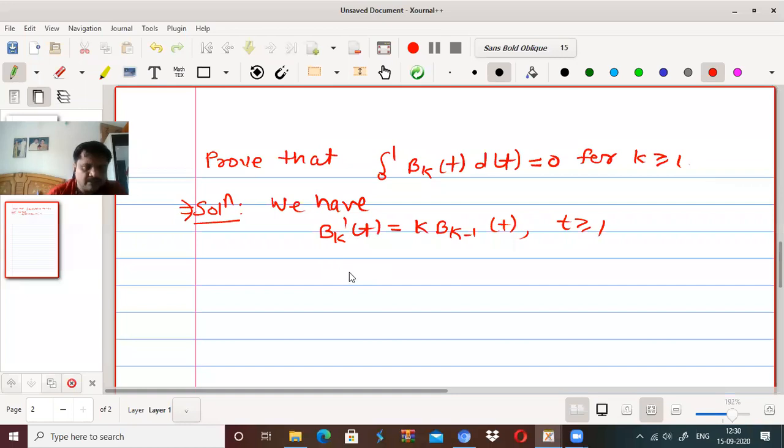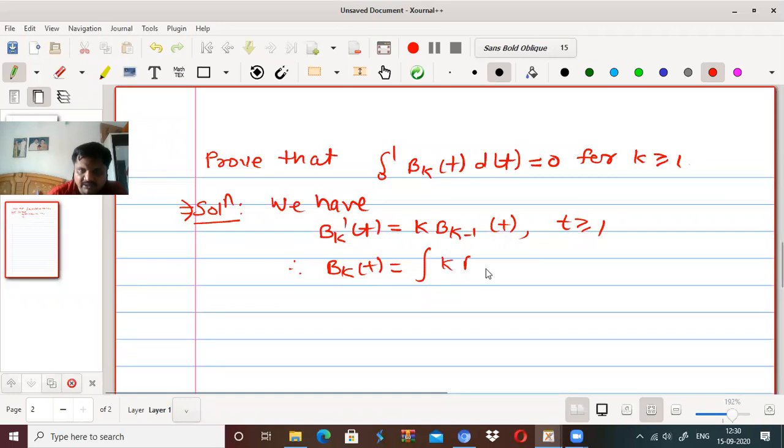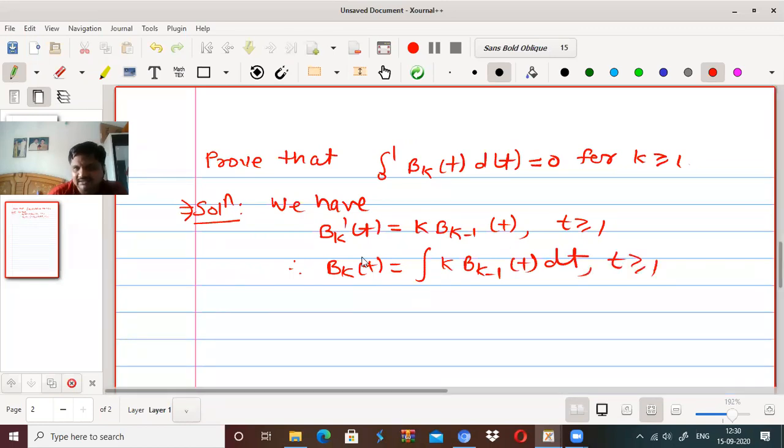Now therefore, if this is the derivative of b_k, what does b_k(t) become? b_k(t) becomes the integral of k into b_{k-1} of t into dt, again for t greater than or equal to 1. Here we have used the concept of derivative and integration.